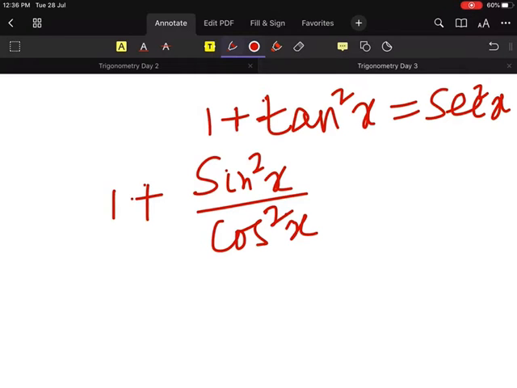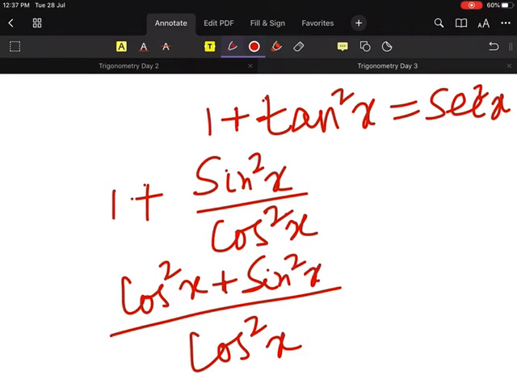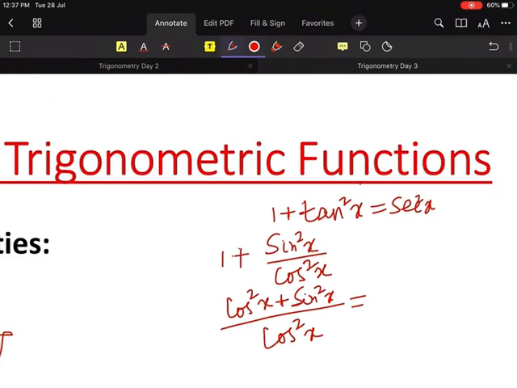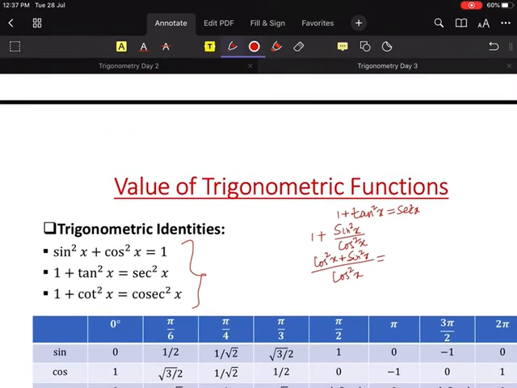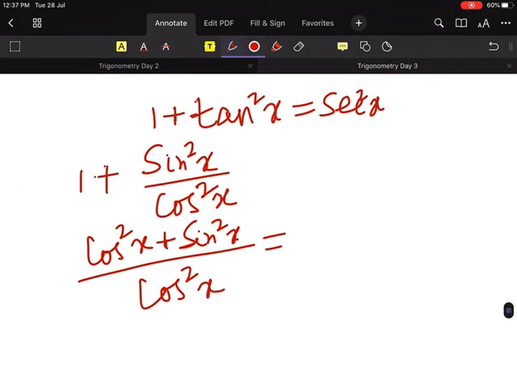Yes or no? Right? Now if I do the LCM, what happens? Cos square x plus sin square x. And we already know cos square x plus sin square x is how much? It's 1, right? Yes or no? So this one will become 1 divided by cos square x.